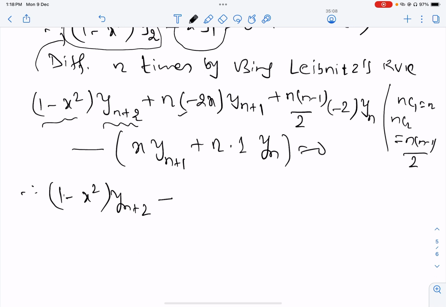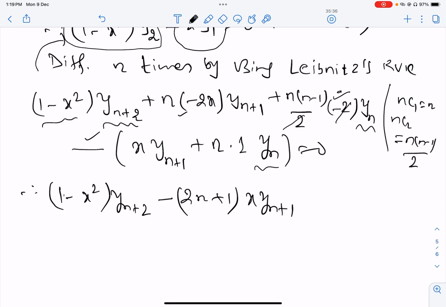So this is minus sign, then 2n here, then here it is plus 1, and x times yn plus 1. Now here 2 and 2 will be getting cancelled, minus sign is there. So let us take yn.